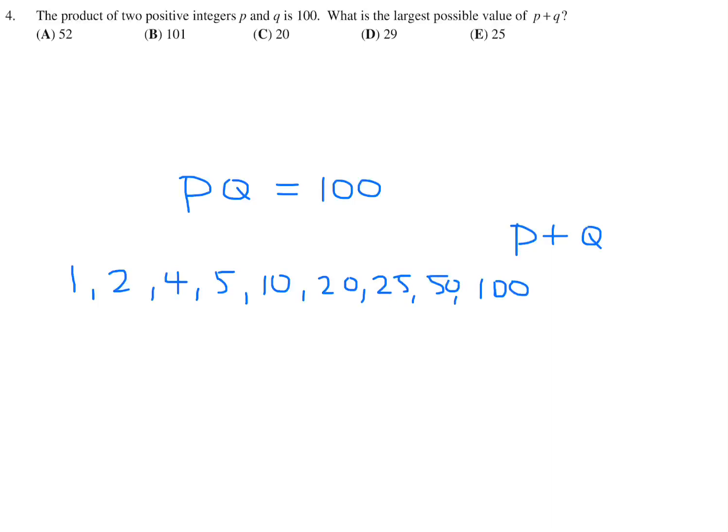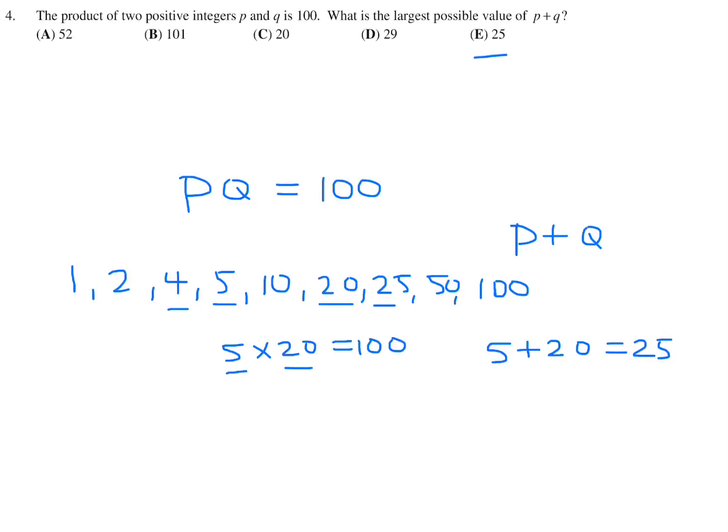And any of these numbers, if you choose two of them and multiply them, they will give you 100. So if I chose 5 and 20, it would give you 100. Not any two, but they have to match. Like, for example, if you chose 4, you choose 25. So what they're asking for is, if you do choose two numbers that multiply to 100, what is the sum of those numbers? So for example, in this case, it would be 5 plus 20, which is 25. Okay? Which is, by the way, one of the answers. What is the largest possible value of p plus q?